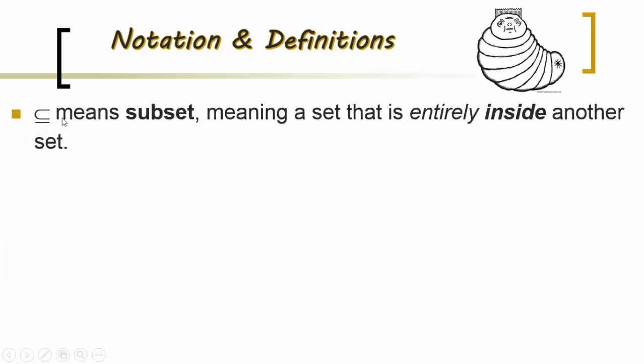This symbol means a subset. It can either mean something that is a part of the set, meaning inside of our original set, or it can be the entire set itself. Because it has an equal sign, just like when we talk about greater than or equal to and less than or equal to, it could also be the entire set itself.